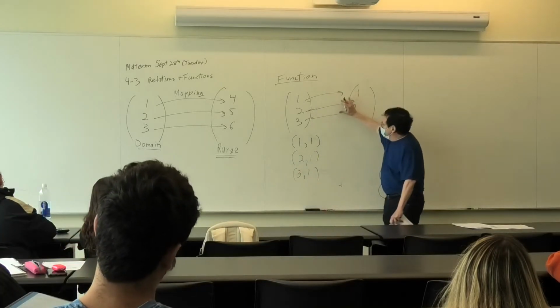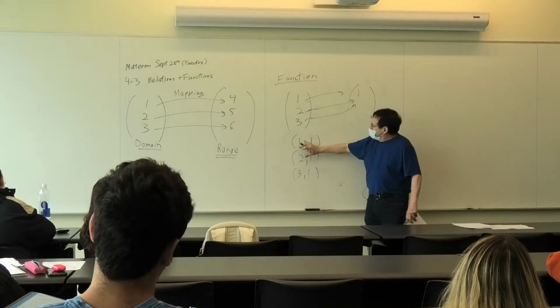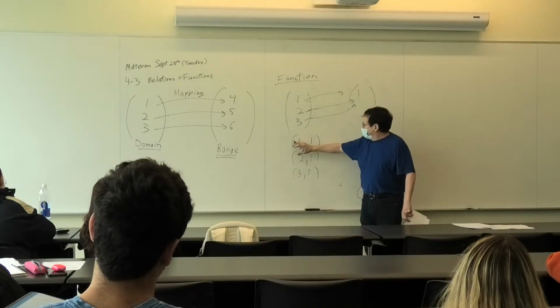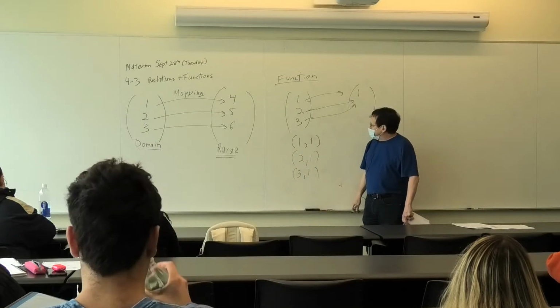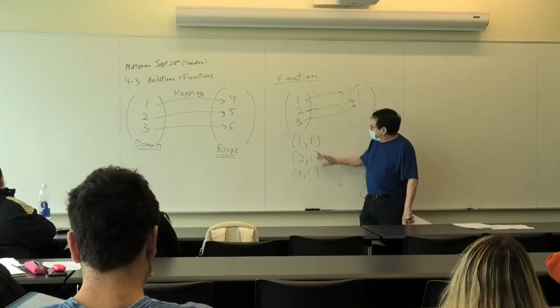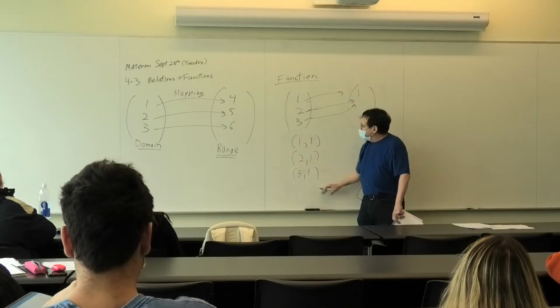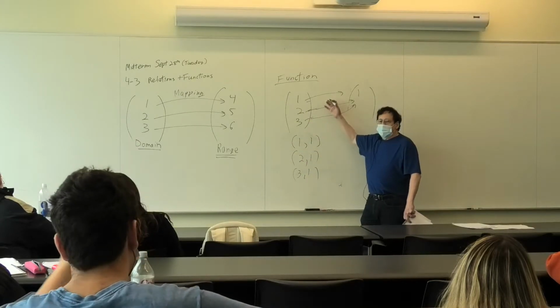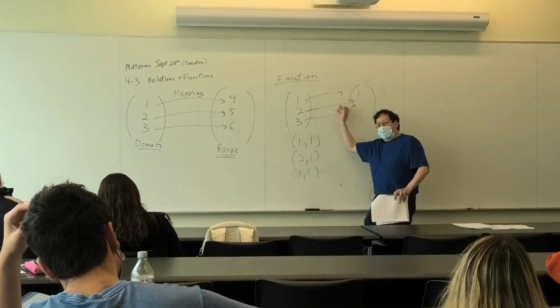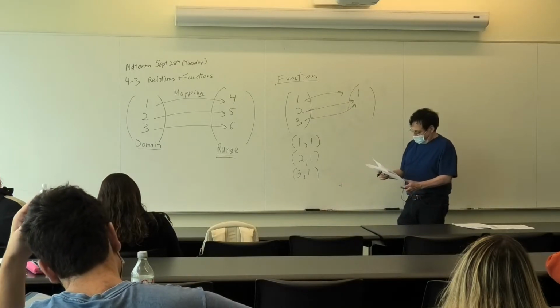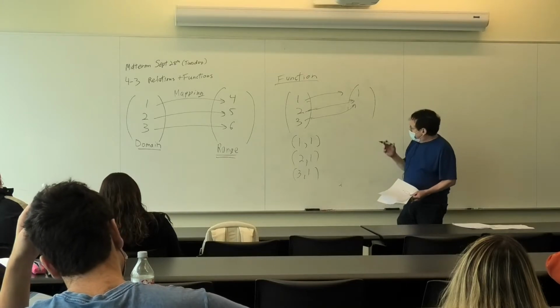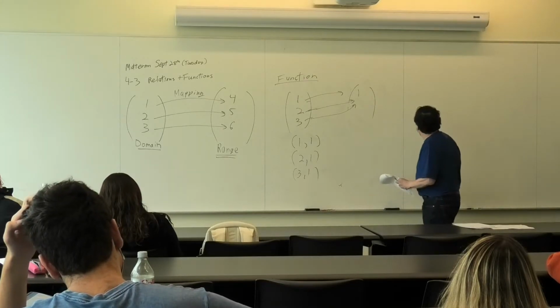I'm describing the same function here and here. The order is important because the first item is the domain and the second is the range. So if I just take this collection of ordered pairs, they're equivalent to this same function I have with arrows.